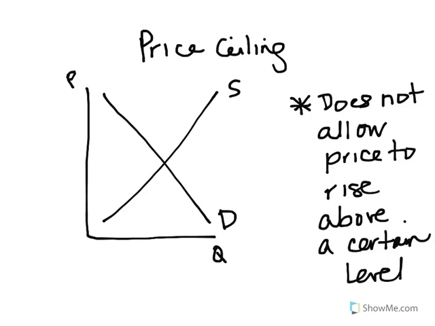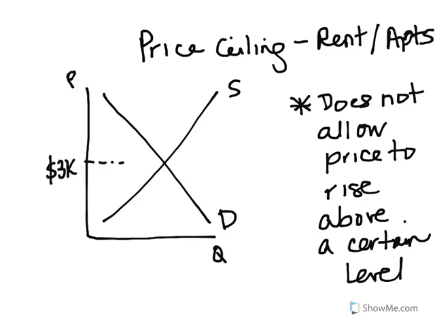All right, so let's say that we're talking about something like rent for apartments. Let's say we're talking about a city like New York City. Well, in New York City, it's very expensive to rent an apartment. Let's say that the market creates an equilibrium rental price of about $3,000 per rental.